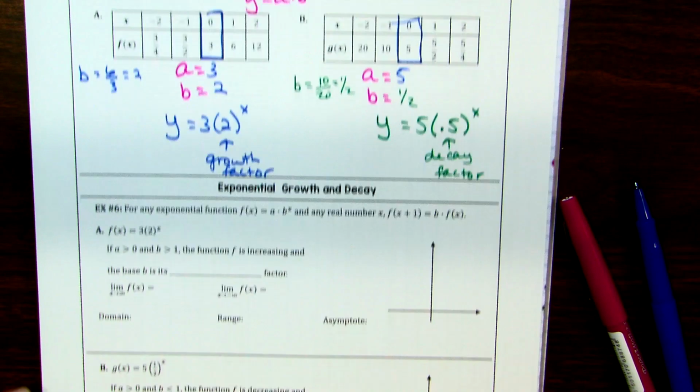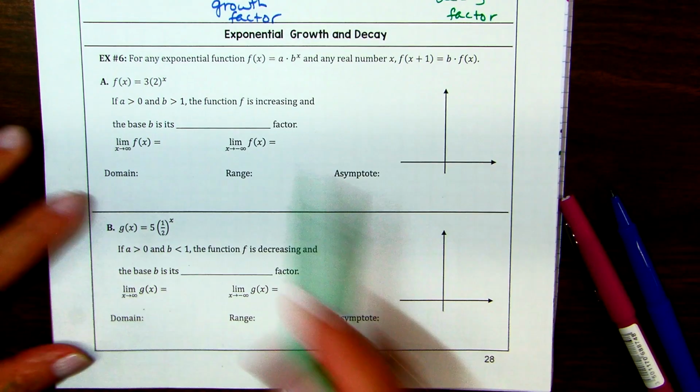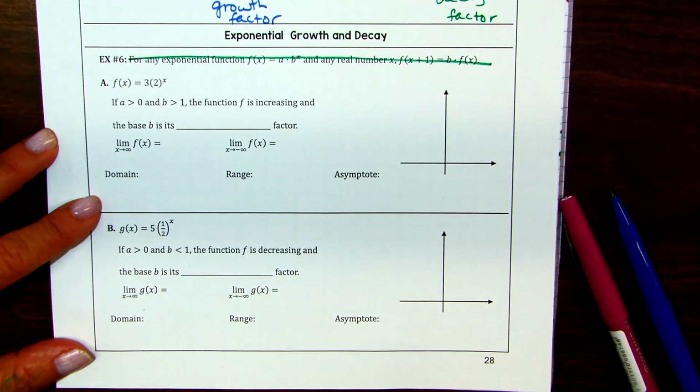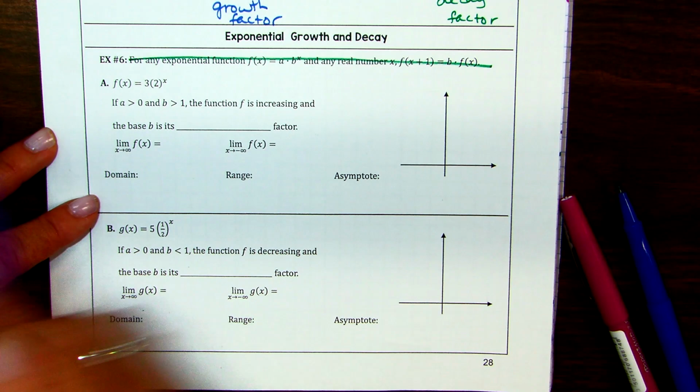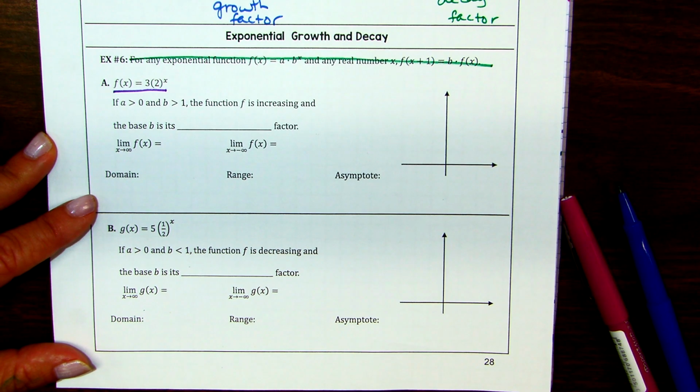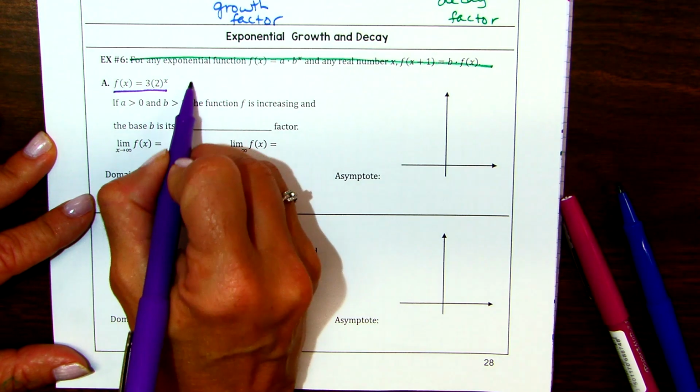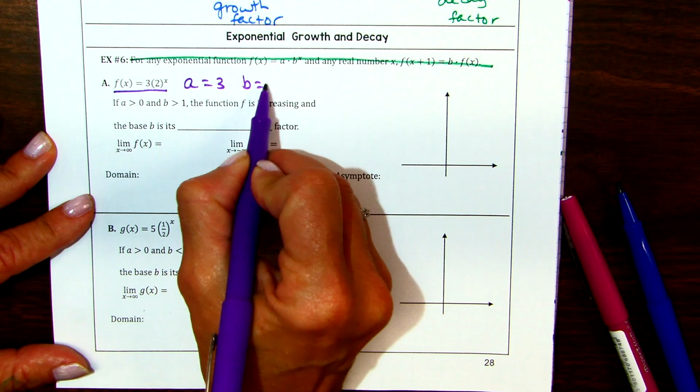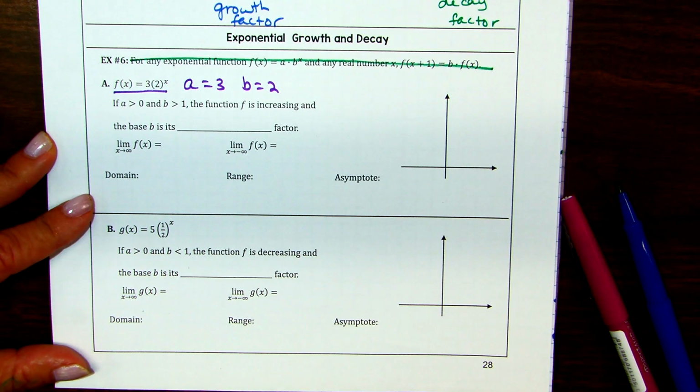Last example. Cross out those directions. I don't even know what she's saying there. We're going to sketch this graph. And we're not making XY charts today. We're not graphing perfectly. Sketching a quick graph is all we need, okay? So we have A is 3, B is 2. A is my y-intercept.